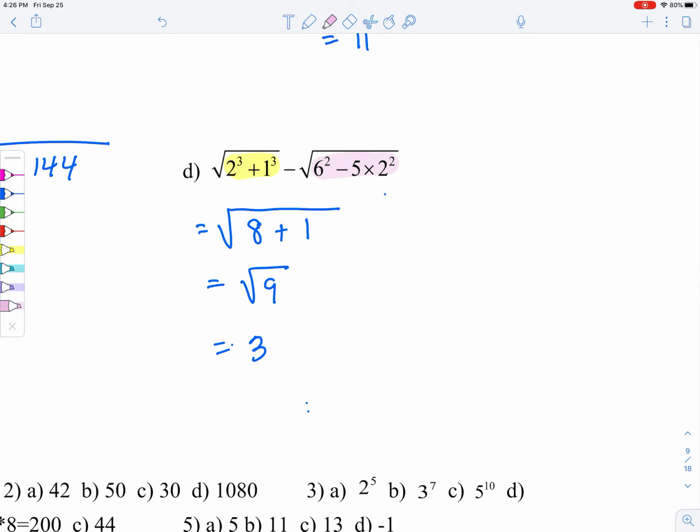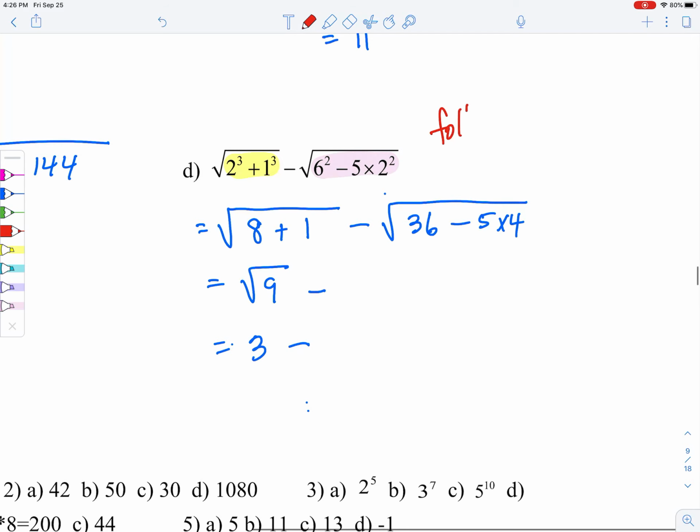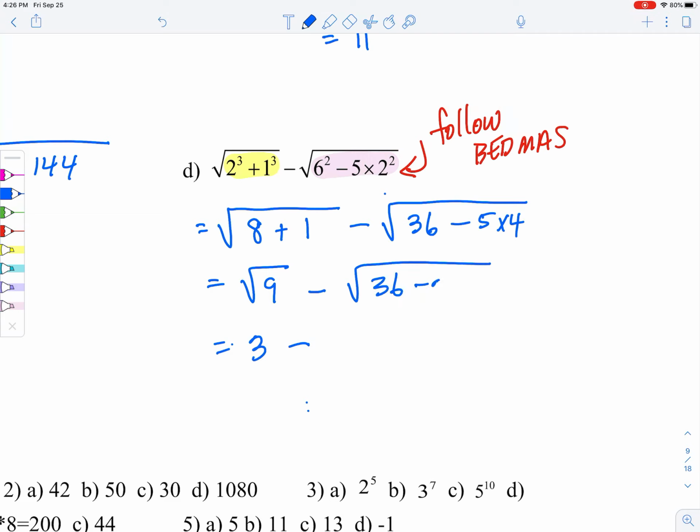And that whole thing then is minus this next one. 6 squared is 36 minus 5 times 4, because we have to follow BEDMAS. So inside here, following BEDMAS, gives me the square root of 36 minus 20, which is the square root of 16. So the square root of 16, we actually can do that one. The square root of 16 is 4. So 3 minus 4 is minus 1.